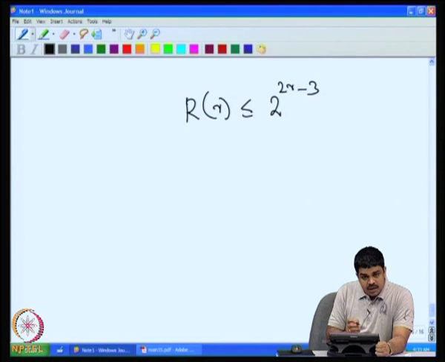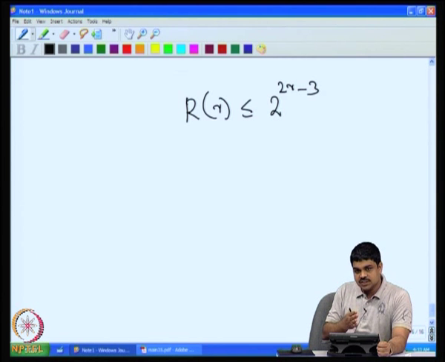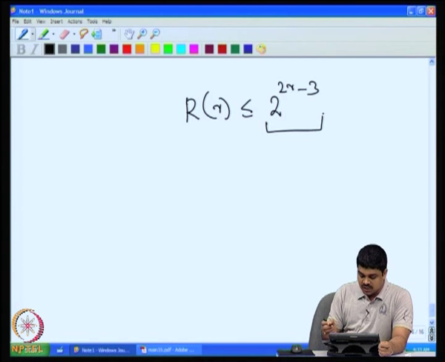the number can be smaller, because it is possible that the minimum number of vertices such that there is a guarantee that either a complete graph on r vertices or an independent set of r vertices occurs is even below this 2 raised to 2r minus 3.